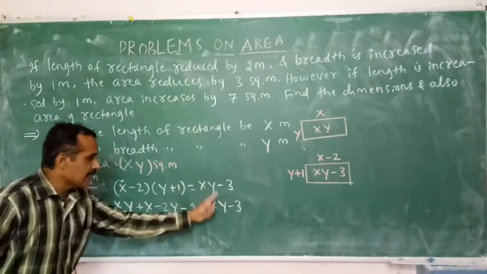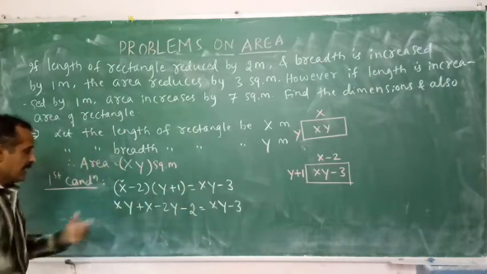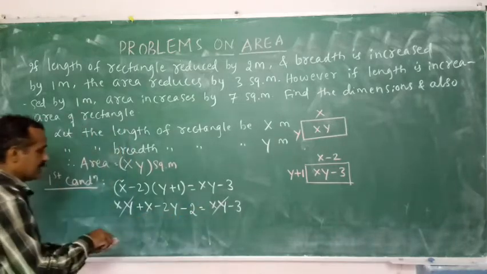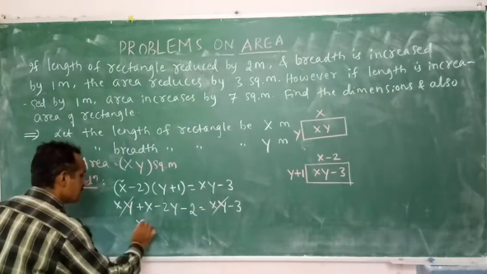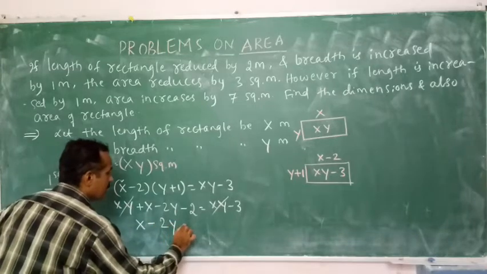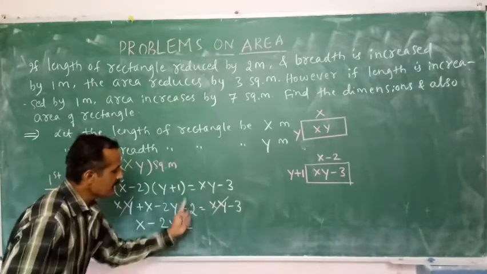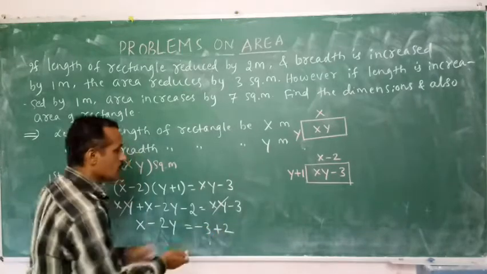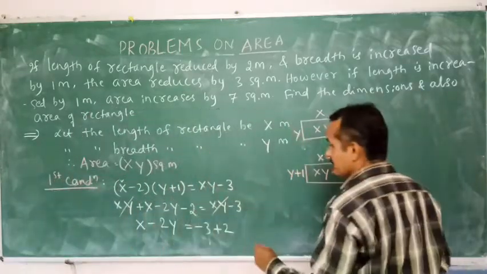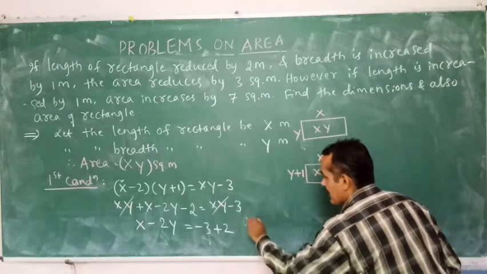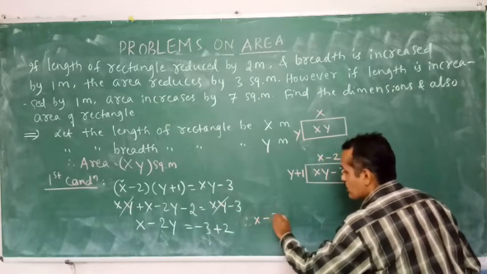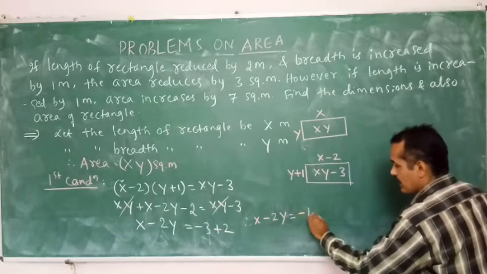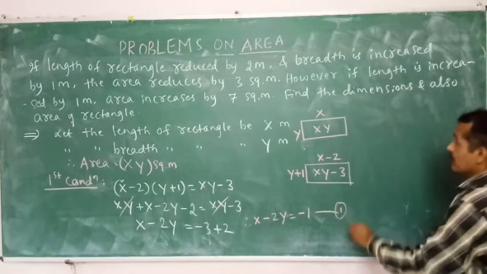If you bring it to the LHS, it becomes minus xy, and naturally they get cancelled. What is left out? x minus 2y is equal to minus 3 plus 2. So you got your first equation. Therefore, x minus 2y is equal to minus 3 plus 2, which gives you minus 1. That is your equation number 1.